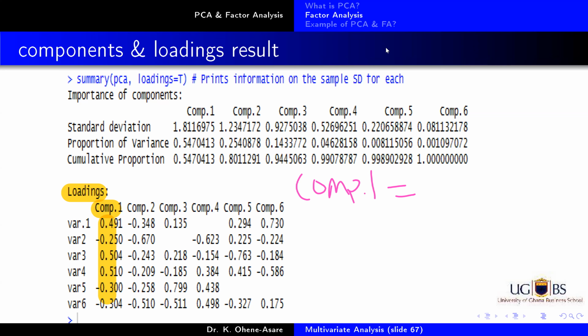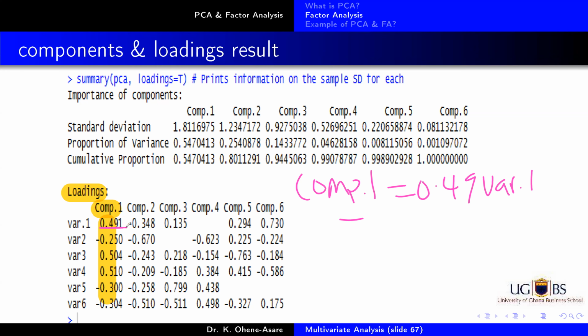You take the first variable with its coefficient, which is 0.49, correct to 2 decimal places. So it's going to be 0.49 var1. It's a plus. Then you do minus, the next variable is what?